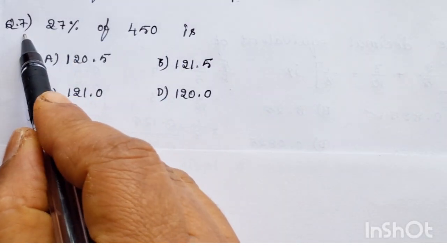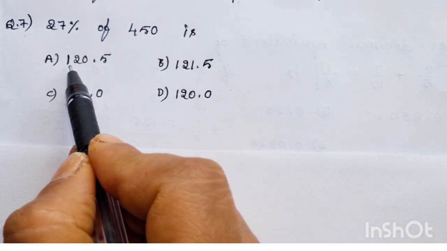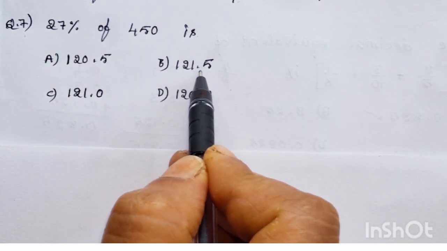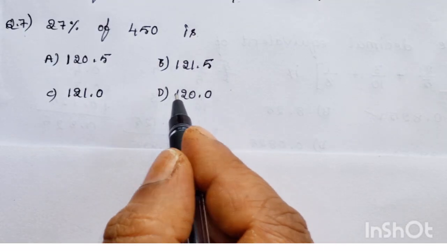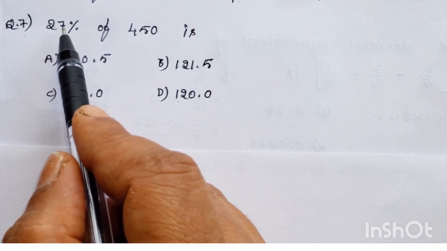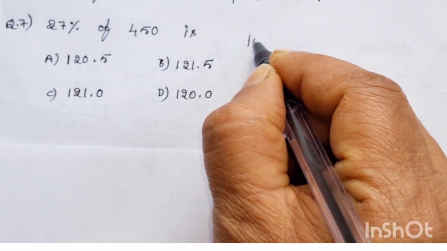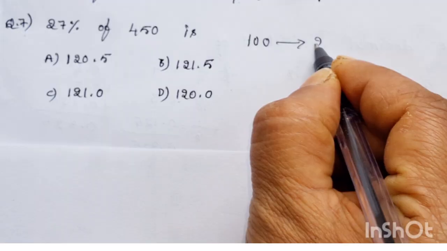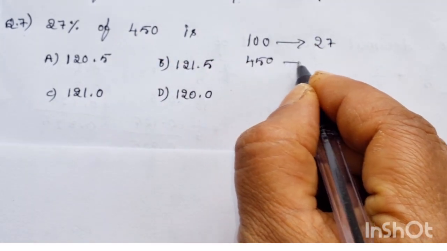Question number 7. 27% of 450 is, options: 120.5, 121.5, 121.0 and 120.0. From the question we have, for 100 it is 27, and for 450, how much?